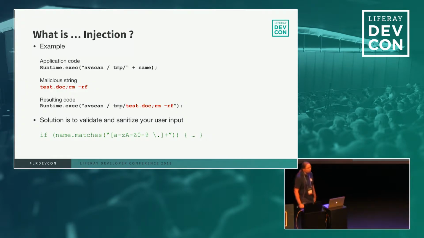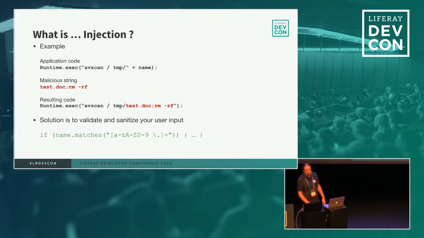For those who are not very familiar with it, essentially it takes many forms. It could take this form, where your code is using the runtime class to execute a command on the operating system. Here you're expecting to call an antivirus checker to scan a file that's given by name as user input or by request.